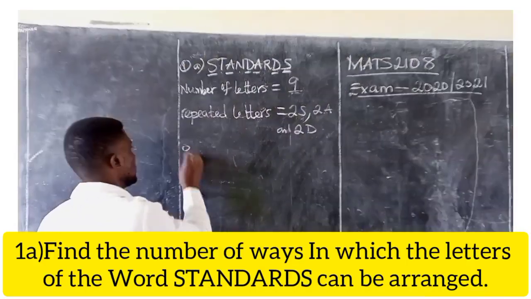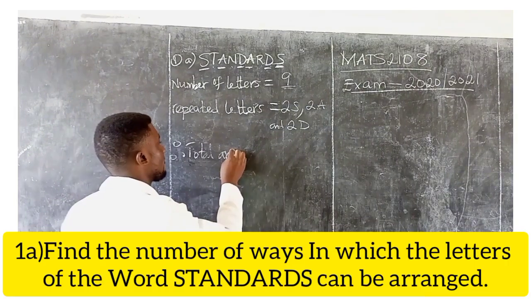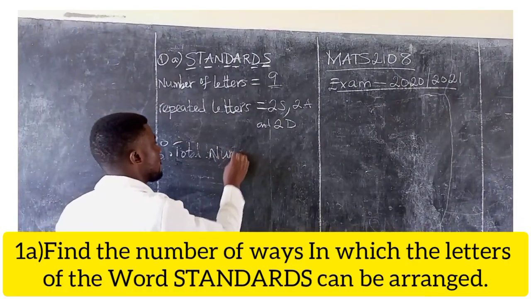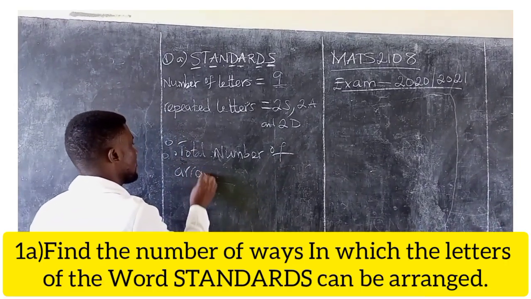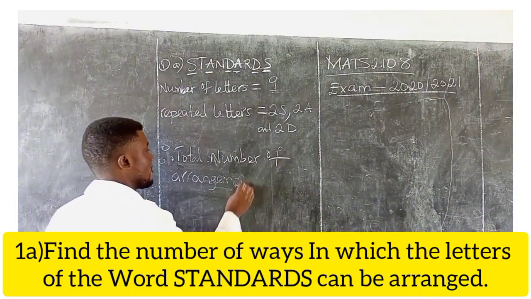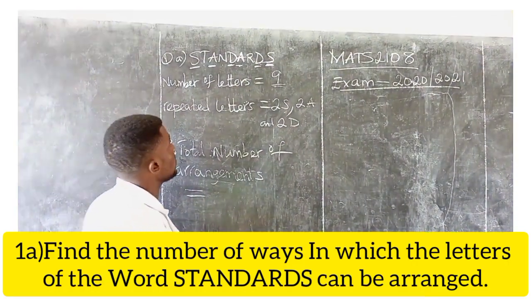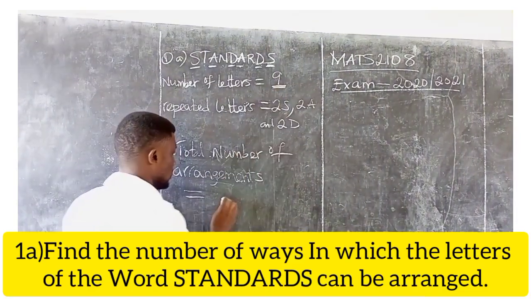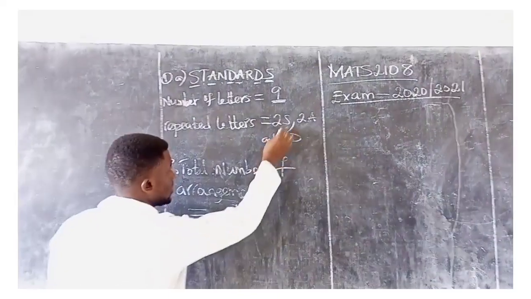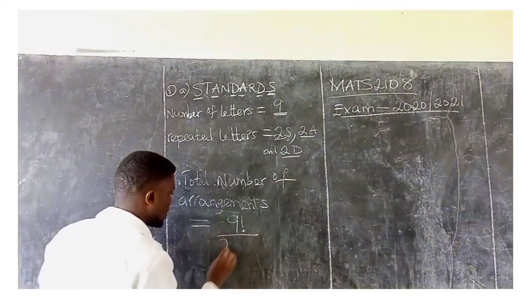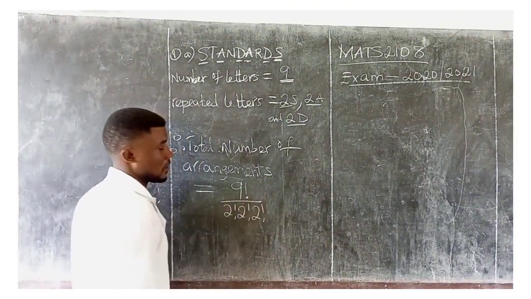That is, the total number of arrangements equals 9 factorial divided by 2 factorial, 2 factorial, 2 factorial.